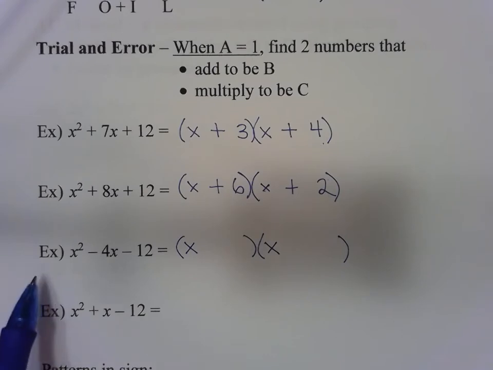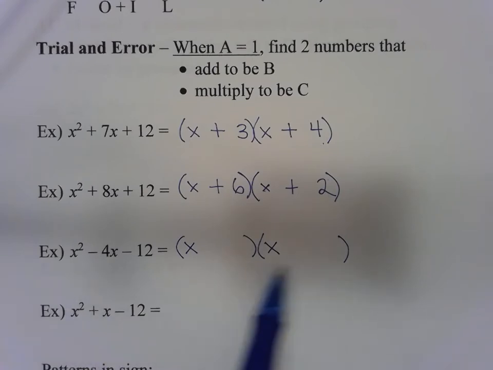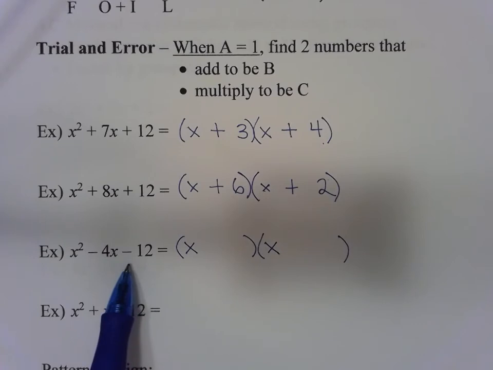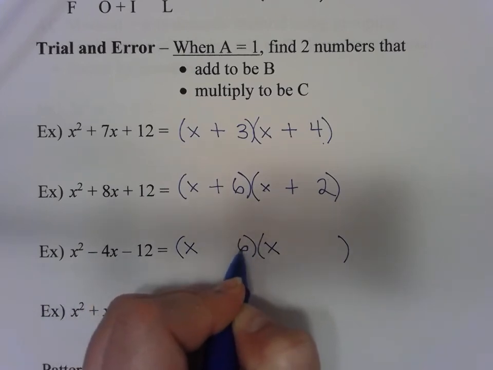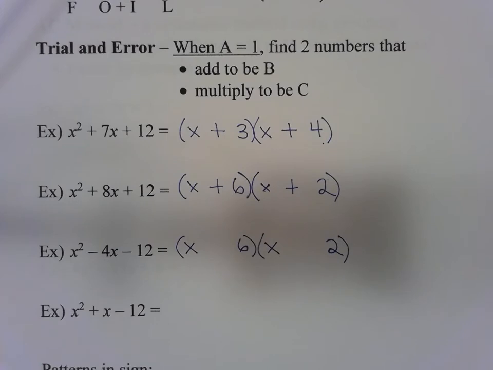Okay, how about the next one? I need two numbers that multiply to be negative 12 and add to be negative 4. This time we're actually subtracting because we have some interesting signs going on, right? So I can still do 6 and 2. In order to multiply to be negative 12, one of those numbers is going to have to be negative.